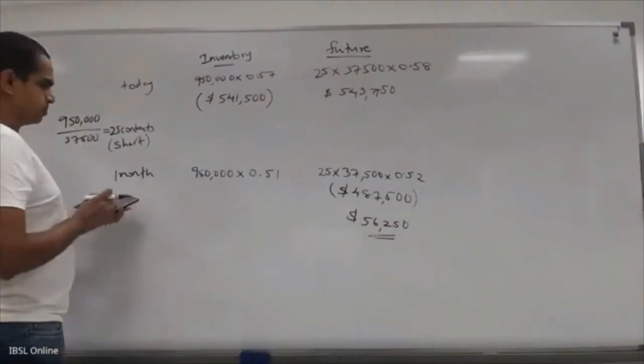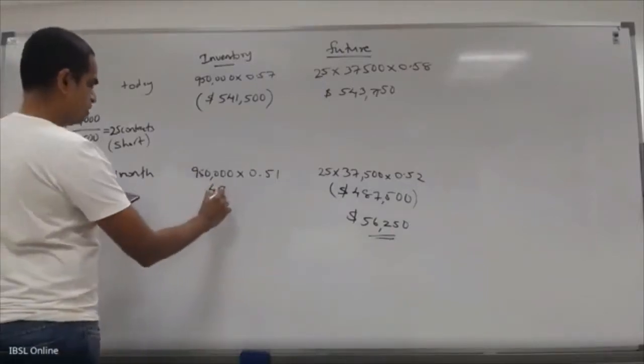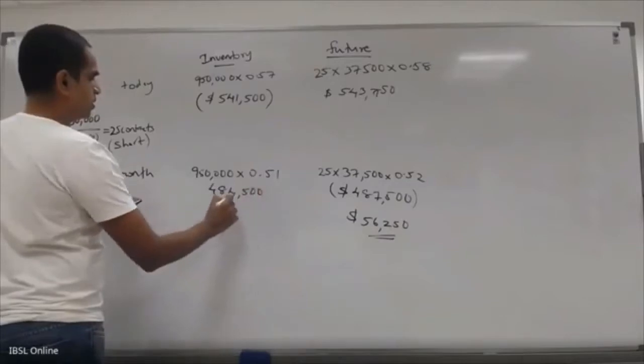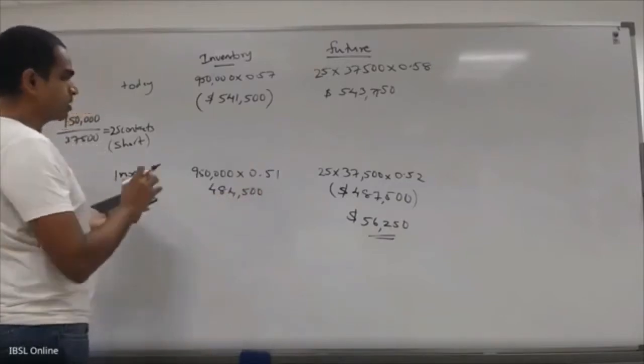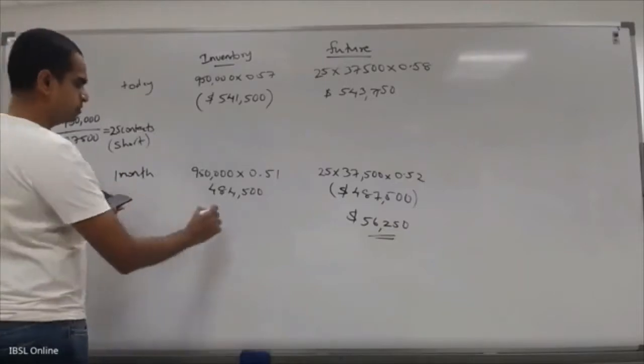Whereas in this case, the inventory is now worth $484,500, whereas it was worth $541,500 earlier. They will lose 57,000.